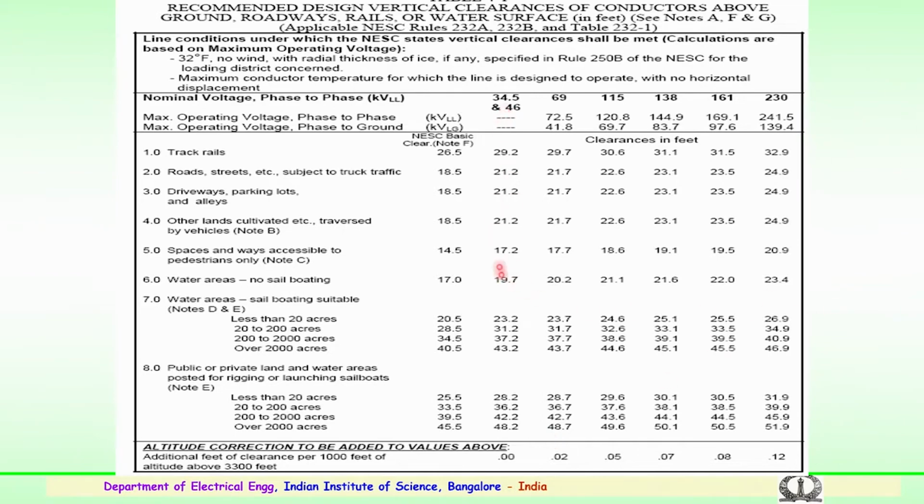So, these vertical clearances are given depending upon the voltage level, up to 46 kilovolts. These are the clearances for the 66 kV system.